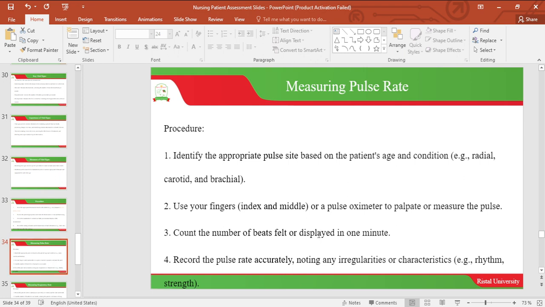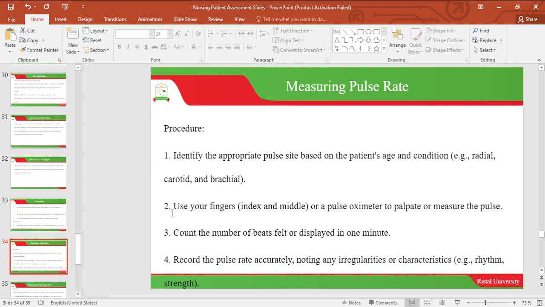Let's look at measuring pulse rate. The nurse has to identify the appropriate pulse site based on the patient's age and also condition. For example, the radial, carotid, and the brachial, if he or she wants to use any of the above.